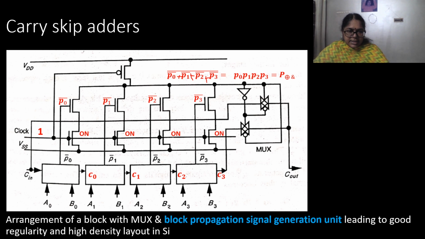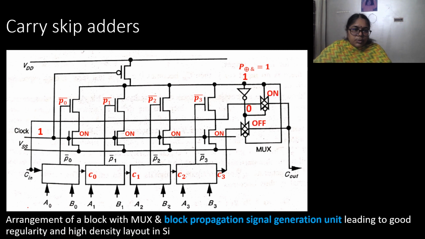block propagation signal. Now when this block propagation signal is equal to 1, then in that particular case you can see that the output of the NOT gate is 0 and the first transmission gate is on, the second transmission gate is off, and once again carry in will be passed through this particular transmission gate to the output, or C out is equal to C in.